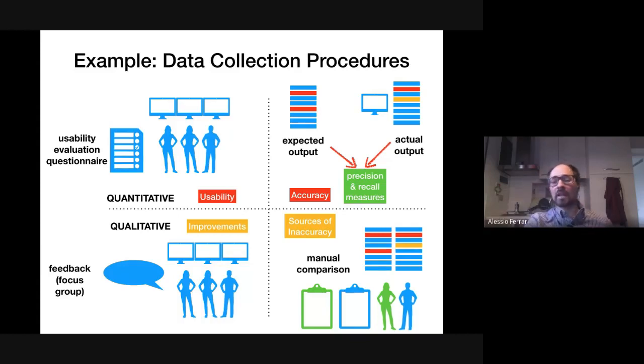You see that there is a complete combination of different methodologies, partly not involving subjects and partly involving subjects in different ways, with a questionnaire, so something very similar to a survey, with a focus group, something close to interviews, or a manual comparison, so some document analysis.